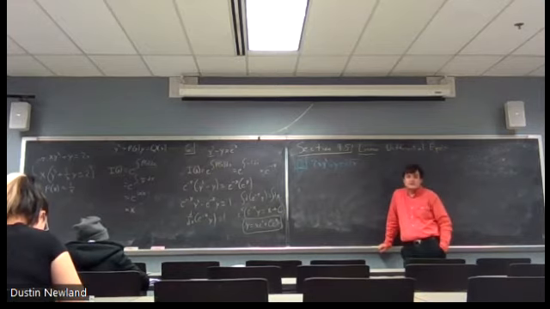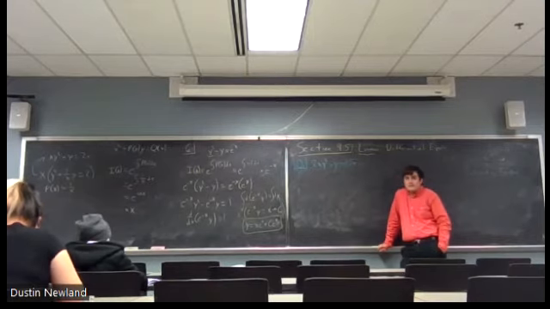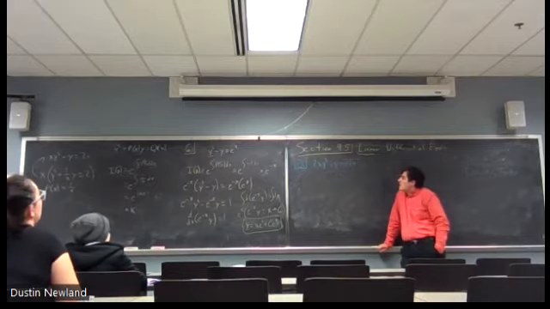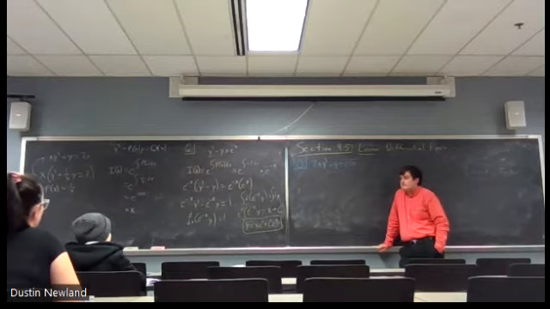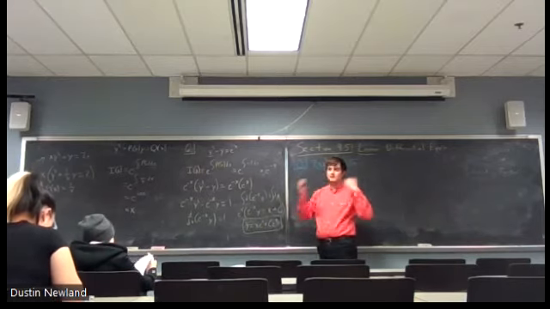Is this in the form I need it to be in? No. Why not? What's the issue? Yeah, exactly. We have this 2x here, so I need to move that off of the y prime.